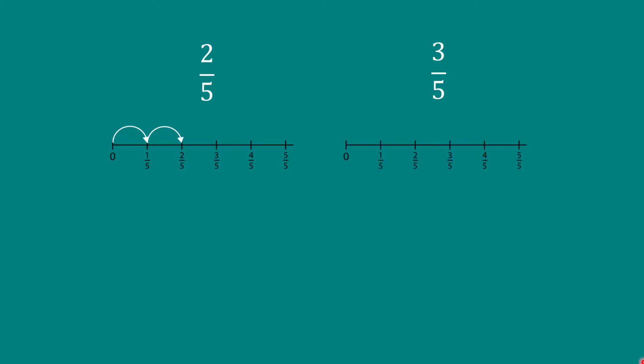And we saw that actually it's exactly the same with fractions like 2/5. You can think of 2/5 as 2 of those jumps on a number line, and 3/5 is 3 of the same jumps.